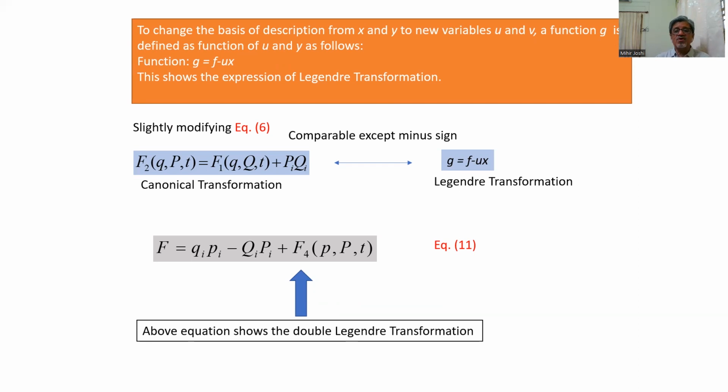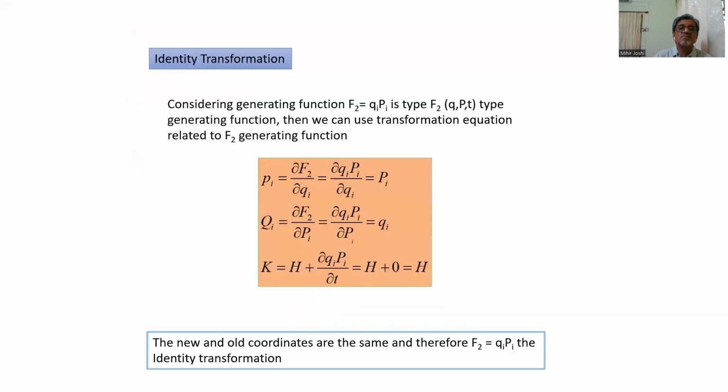Therefore, equation number 11, F(qi, pi) minus Qi Pi plus F4(p, P, t), is considered a double Legendre transformation to obtain the F4 type transformation equations.